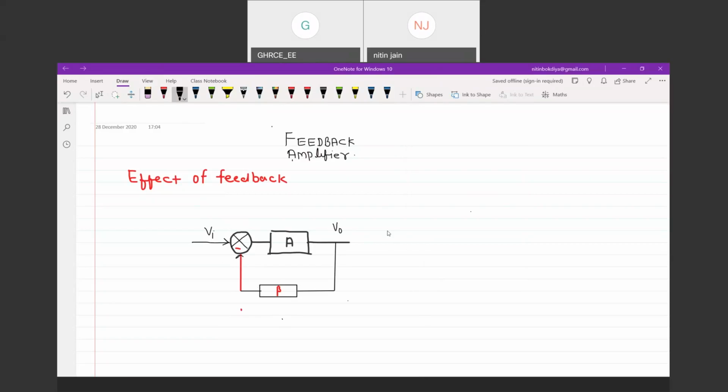This is one feedback circuit. So this input is Vo into beta.